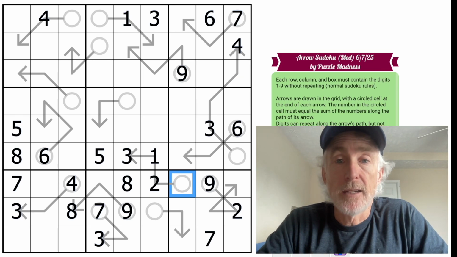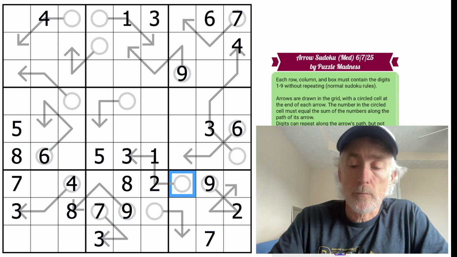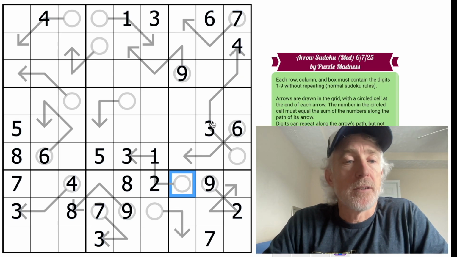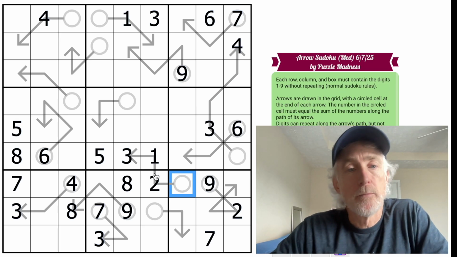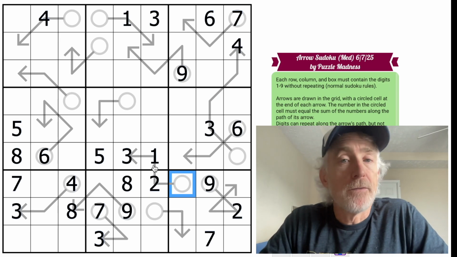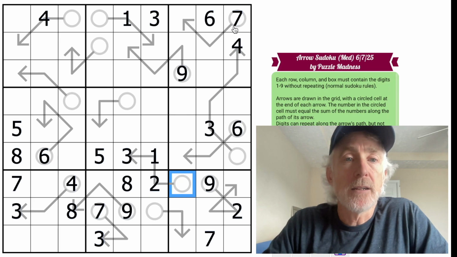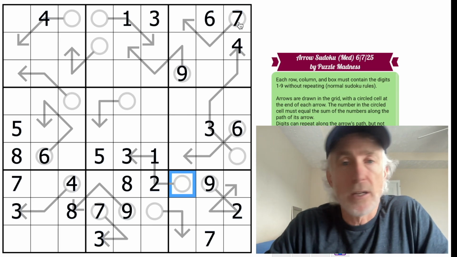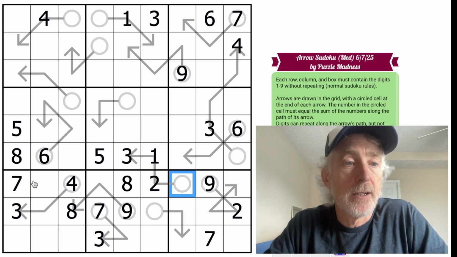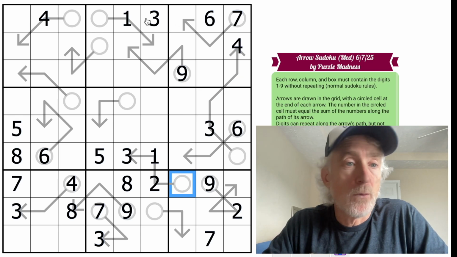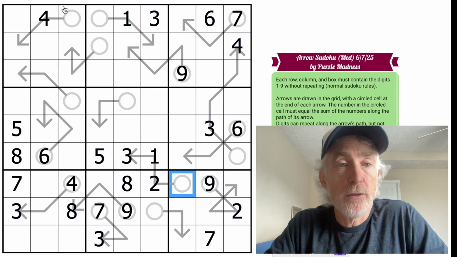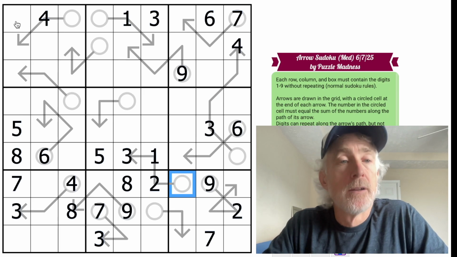So with that being said, let's fill the grid. Okay, so this is a medium, but it's really kind of easy, I think, even if you've never done arrow Sudoku. So basically, you're just doing Sudoku, just like you normally would. 9x9 grid, place the digits 1 through 9 once each in every row, column, and 3x3 box without repeating.